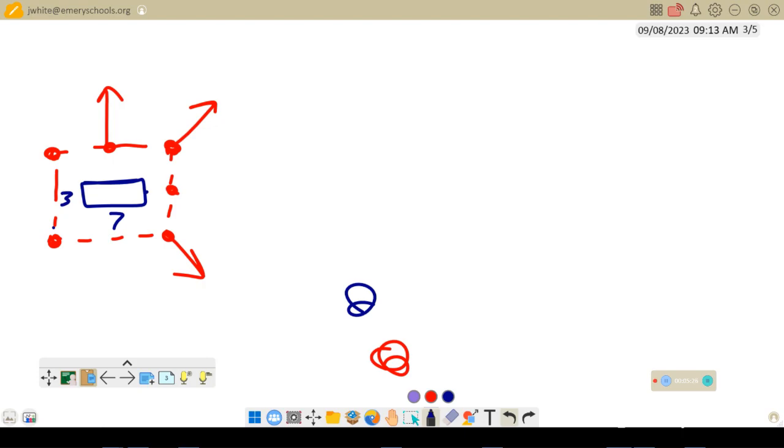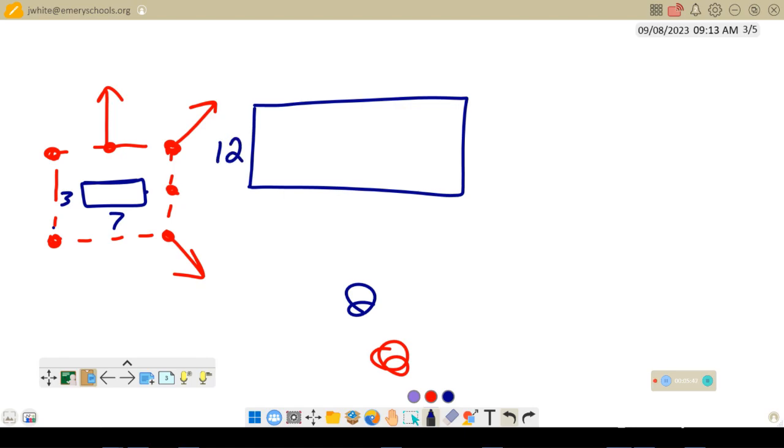So let's say I dilate this, and I end up with this rectangle. All dilations preserve similarity. Okay? So let's say that this new side here is a 12. What would this side be? Why 28? So we are going to find the ratio of dilation.